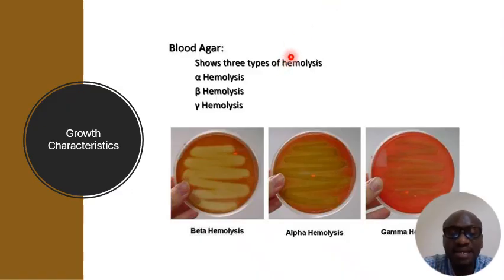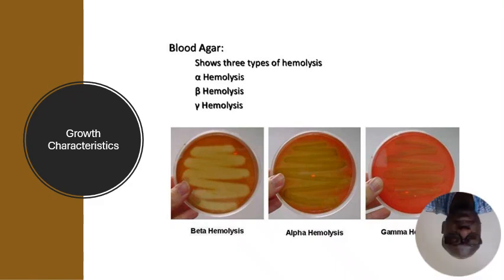There are some media that are pH sensitive. So when a bacteria provides a change in pH of a particular media, such media has been designed to be pH sensitive. So the media will indicate this by change in color. So these are also a way of identifying bacteria by their growth in the surrounding medium.